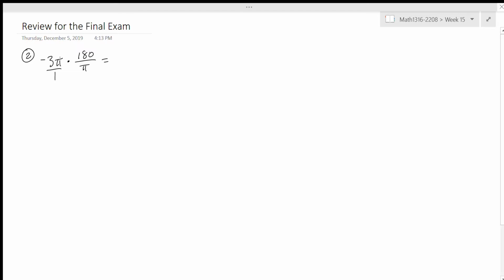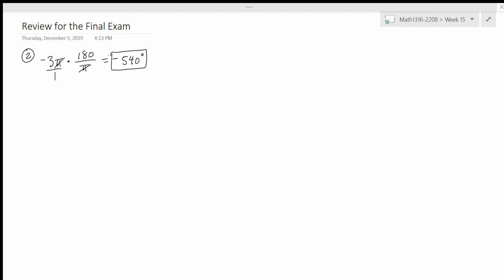So just like on Thanksgiving Day, the pi's go away. And then we're going to multiply straight across. What is negative 3 times 180? And that'll be over 1. And so negative 540 over 1 is negative 540. Do y'all see how that works?